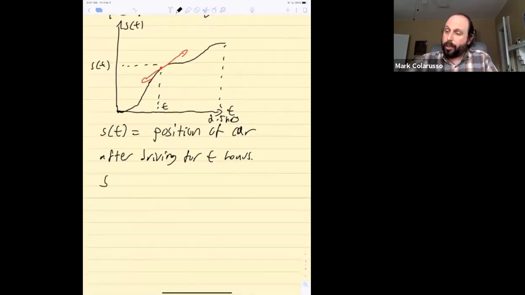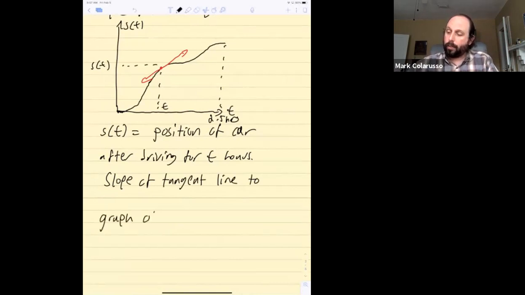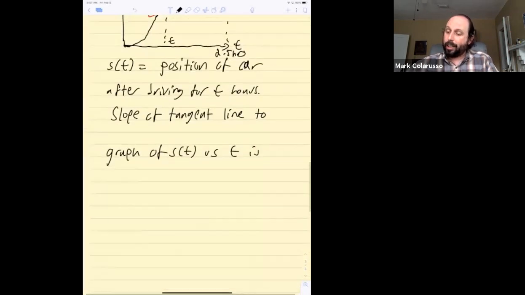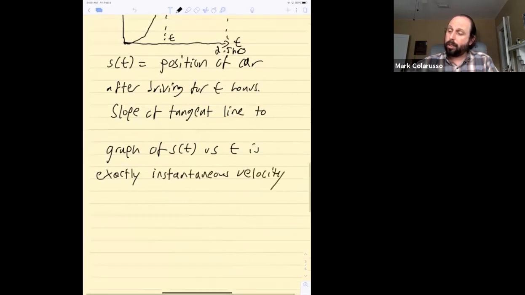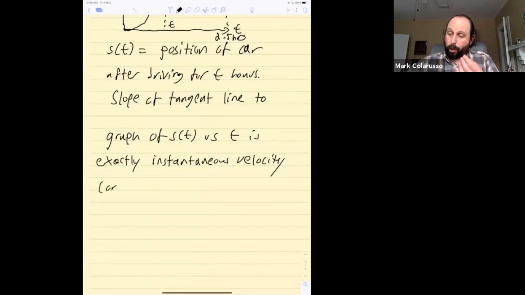So in this case, the slope of the tangent line to the graph of s of t versus t is exactly the instantaneous velocity, or what your speedometer reads.